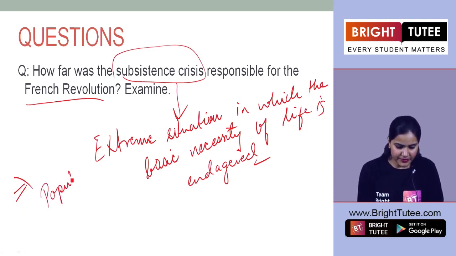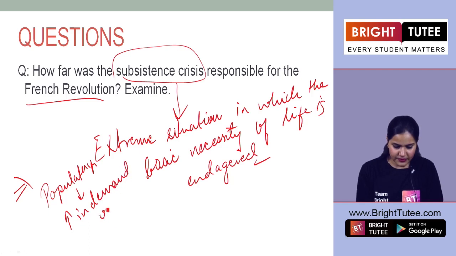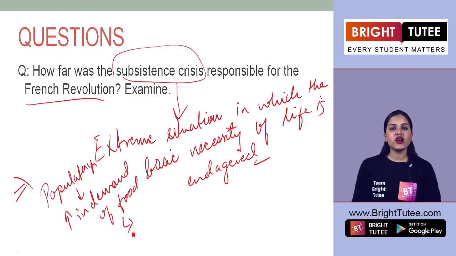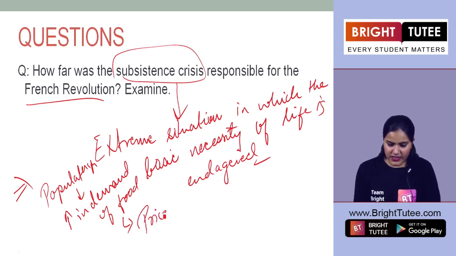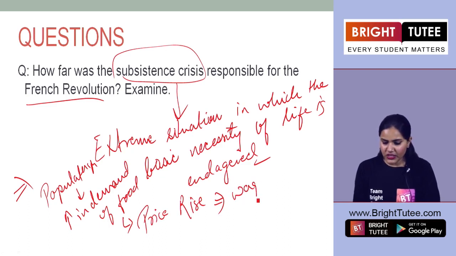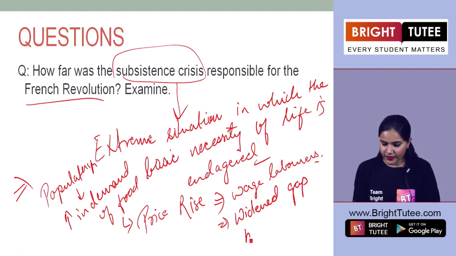Population increase, correct? With the population increase, demand of food grains increases. Then what are we seeing? That production is not keeping in pace with the growing population. So there is a situation of price rise. Then we see that the wage laborers, they were not able to earn in order to pay such high price. It led to widened gap between rich and poor.